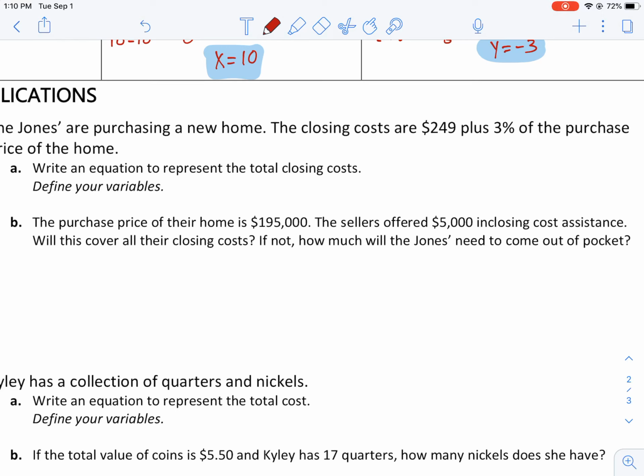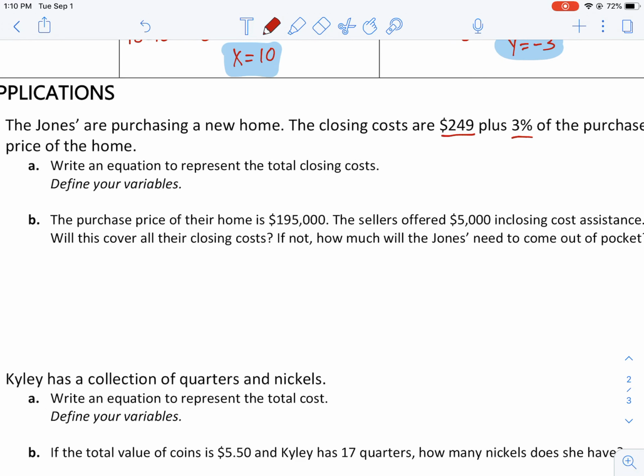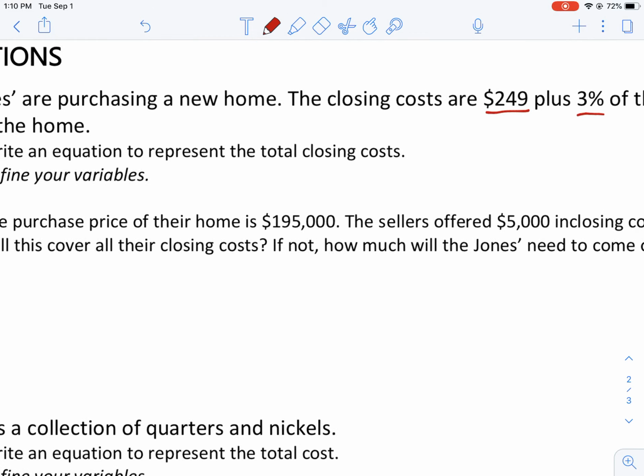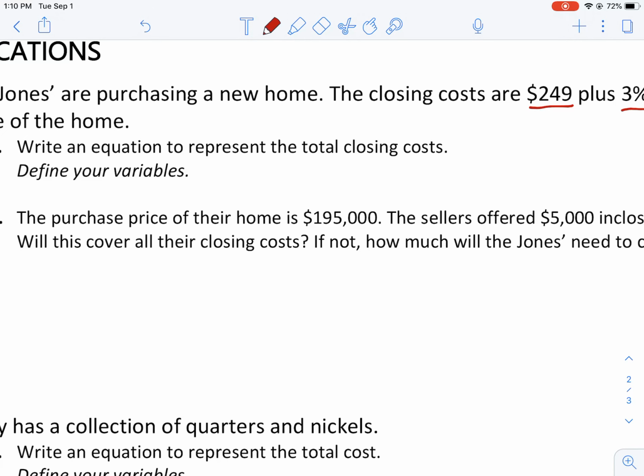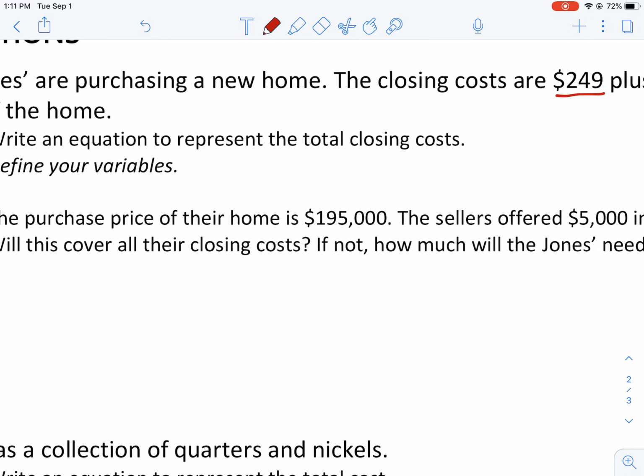So what is our equation, right? Well, it tells us the closing costs are $249 plus 3% of the purchase price of the home. So we have two variables here. We have an equation to represent the total closing costs, so we're going to call that C. C is the closing costs.